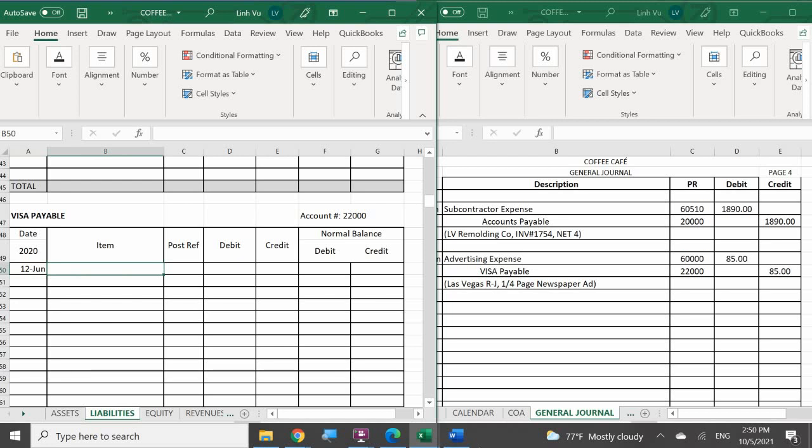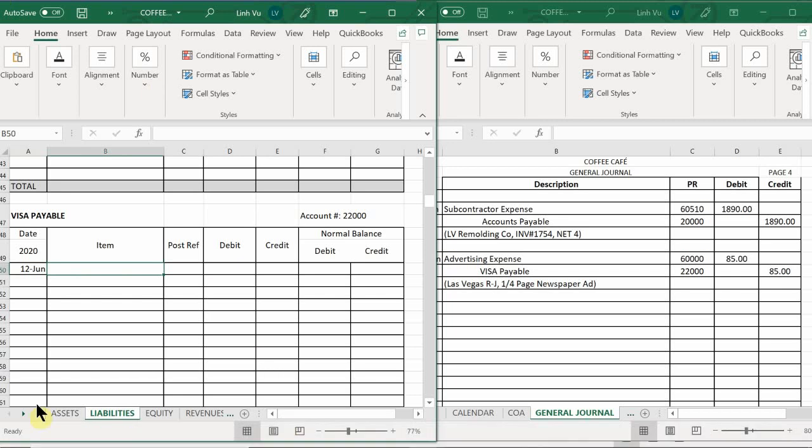You just see the vendor's name, where it was charged, and the date. So it is up to you what kind of description to write, because if we do a credit card reconciliation, we need to make sure that our numbers match the statement's numbers, but it's kind of hard to determine which charge is which. In this case, I'm going to write that I bought a newspaper ad. That's all I need to put.